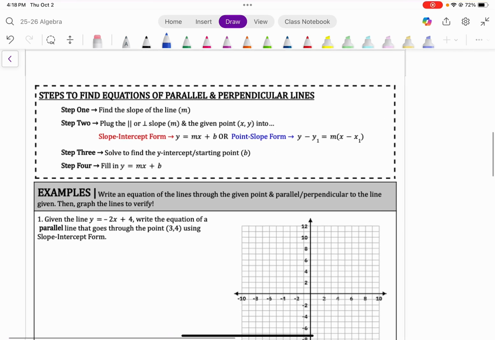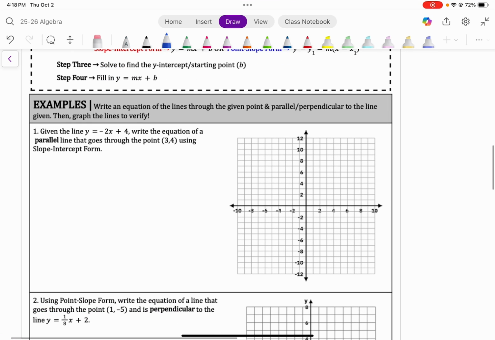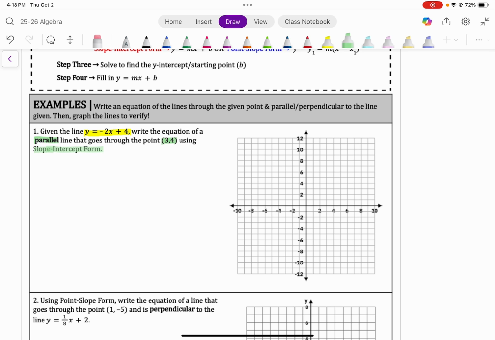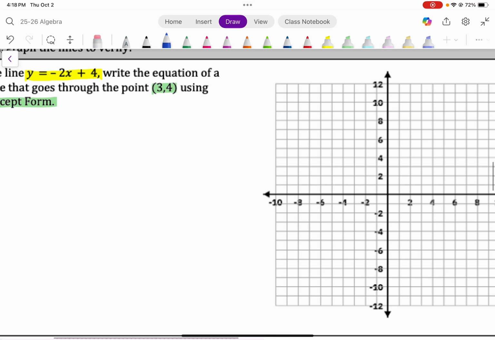Okay, now we're going to do some graphing, and we're going to use slope-intercept and point-slope form and graph these and then write their equations. So example 1 says, given the line y equals negative 2x plus 4, write the equation of the line that is parallel and goes through (3, 4) using slope-intercept form. Okay, so I'll graph my given equation, negative 2x plus 4.